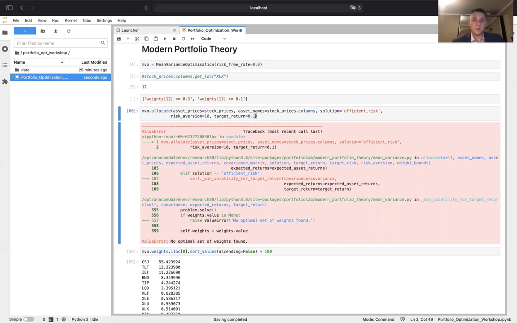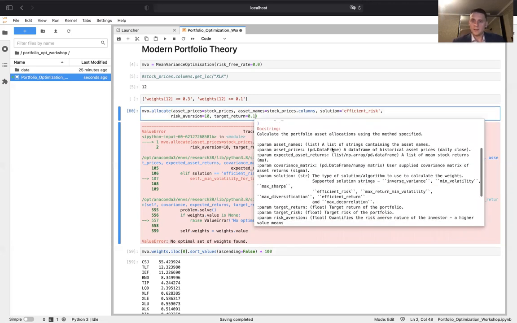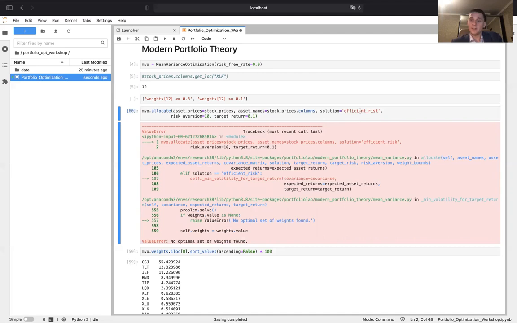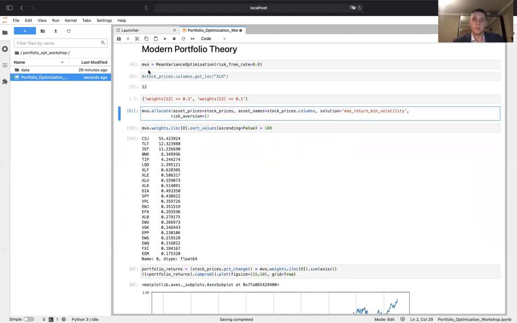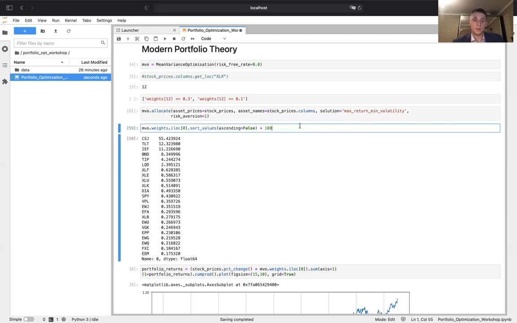As you can see here, we can also find the solution to the problem of, let's say, max return, minimum volatility. And in this case, we need to specify the risk aversion parameter of our investor, which is lambda. Let's say it is 1. So for the risk aversion parameter of 1, we've found the so-called quadratic utility solution.